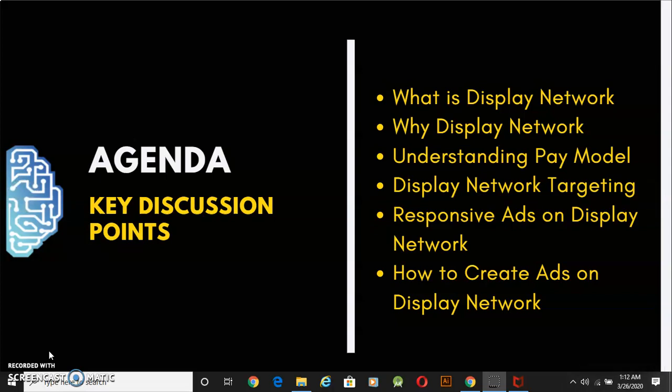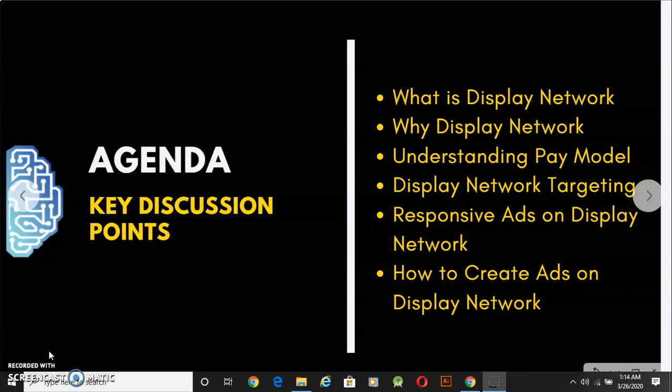Apart from this, why as a business would I go for Display Network? The Google Display Network can help you reach people when they're browsing their favorite website or application, or browsing through YouTube, or checking their Gmail account. In that case, you can show your ad to that particular audience.